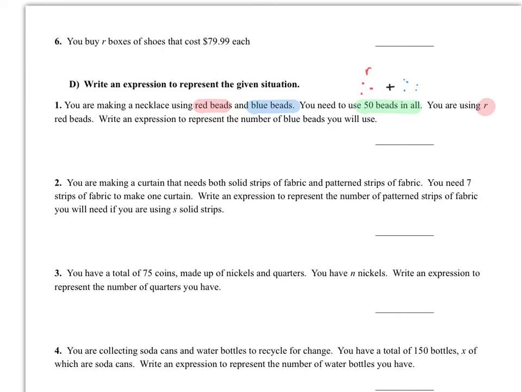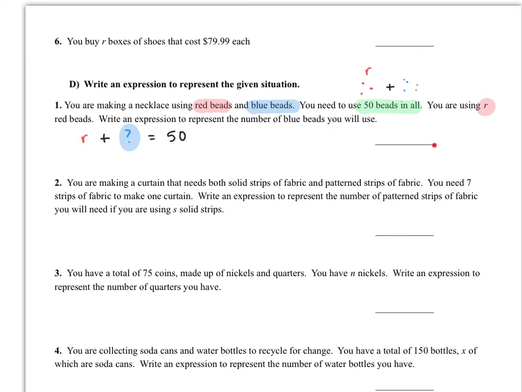So I could think of this in two ways. I could think of it as R plus something that equals 50, or I could discover that in order to find this missing number, now you might be thinking, well, let me just put a B there for the number of blue beads, which makes total sense. But what we're going to want to do is stay with this one variable.